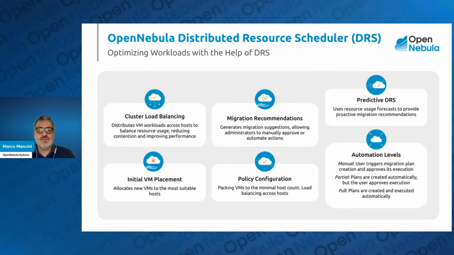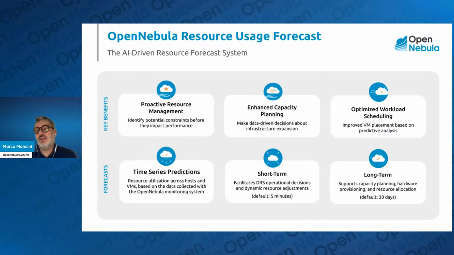So let me talk also about what feature we have introduced in the 7.0. We have enhanced the monitoring system with predictive analytics. So now we can do prediction about the resource usage. This is both for hosts, so for the infrastructure, but also for the virtual resources, the virtual machines.